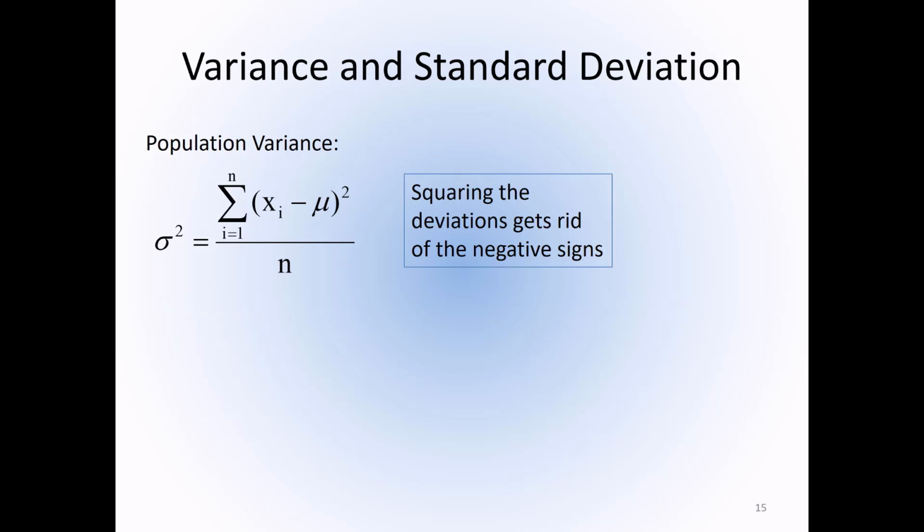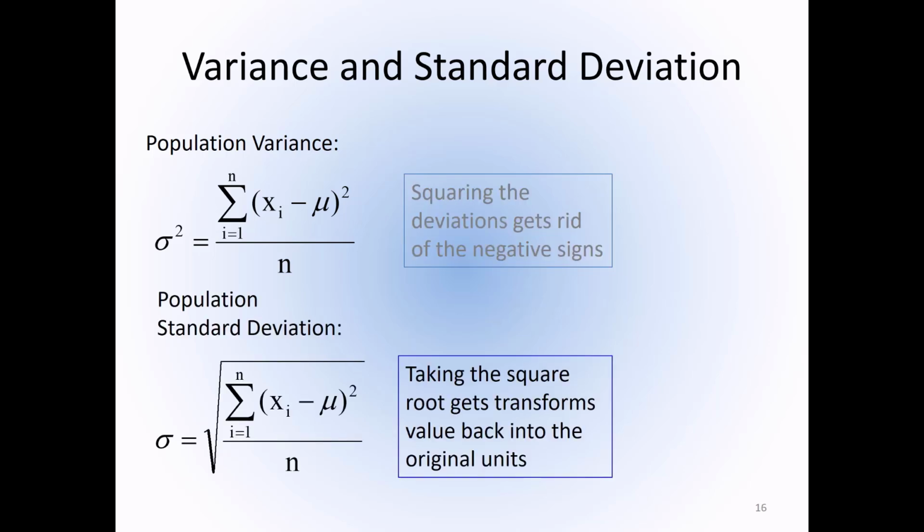So squaring our deviations gets rid of those pesky negative signs, puts everything into the appropriate means to actually get a value besides 0. And then taking the square root gets us back to our original units.